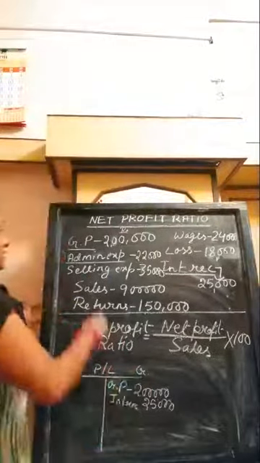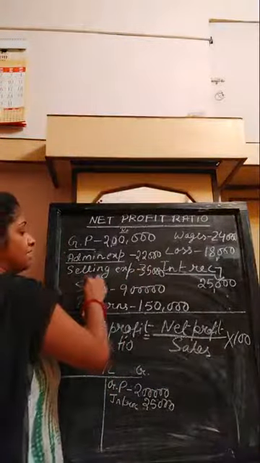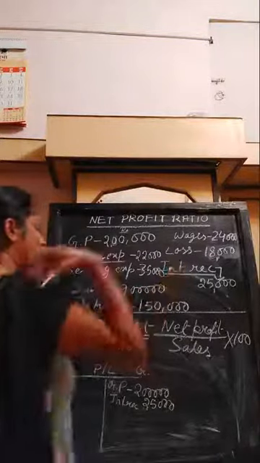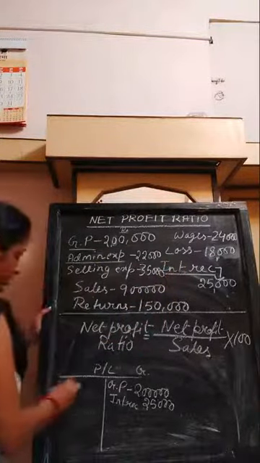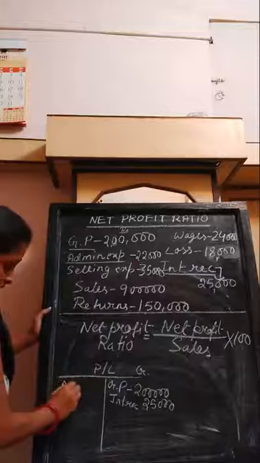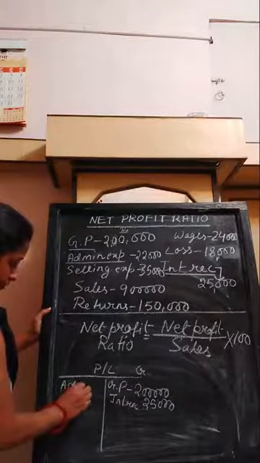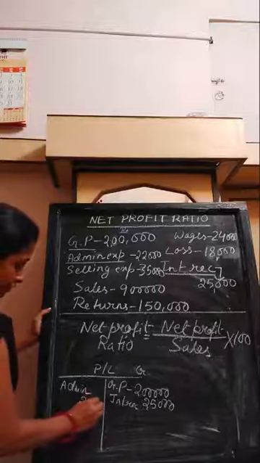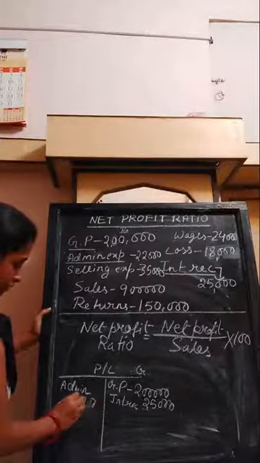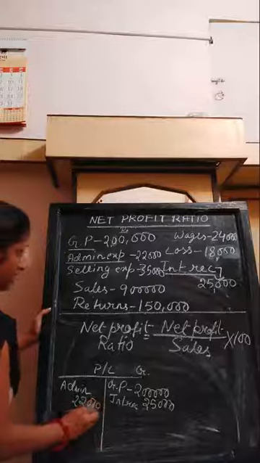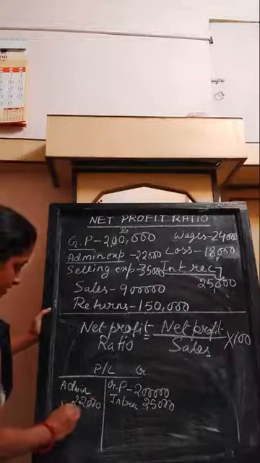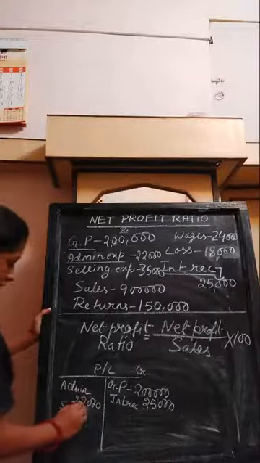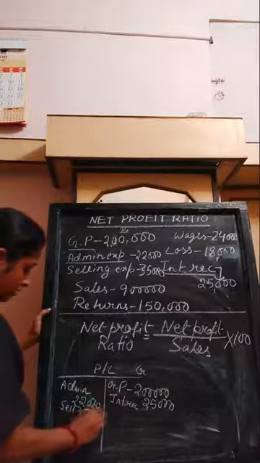Now indirect expenses are administrative expenses, selling expenses and loss incurred. So indirect expenses means administrative expenses, that is 22,000. Then selling expenses, which is 35,000.